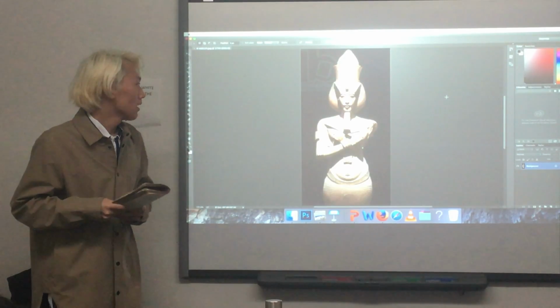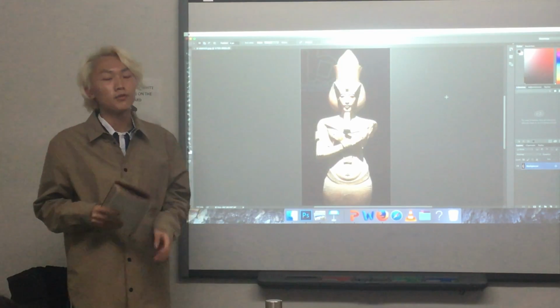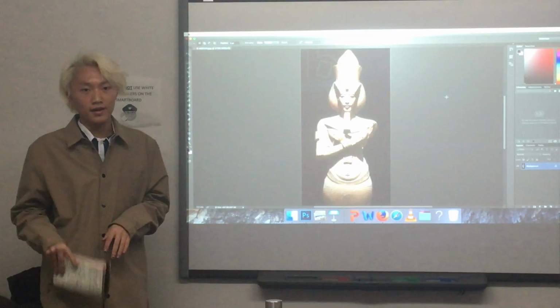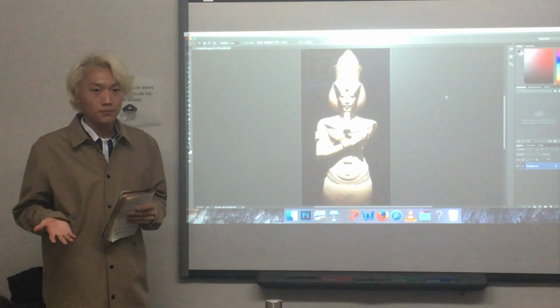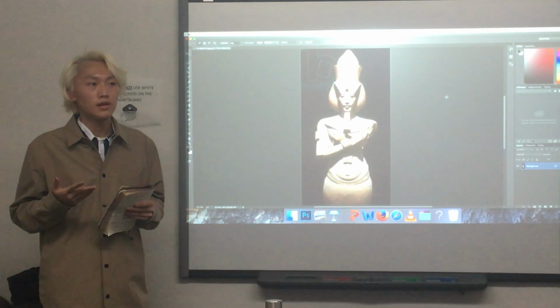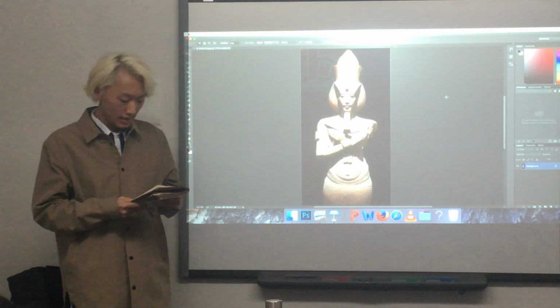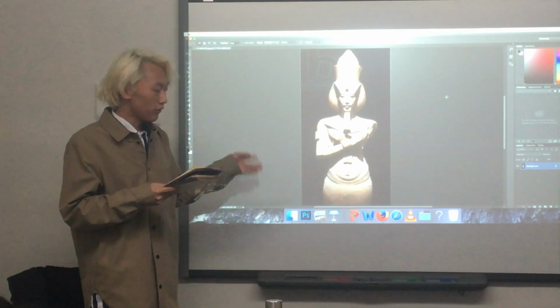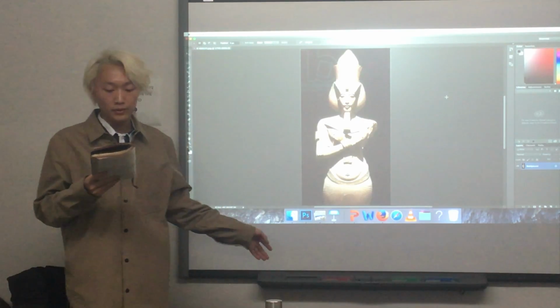And let's take a look at his crown. What he's wearing is a double crown of Upper Egypt and Lower Egypt, which is really different from the Nemes headdress, because that headdress is just like a traditional hat cloth. And he also has the false beard, which is for showing his kingship as well.